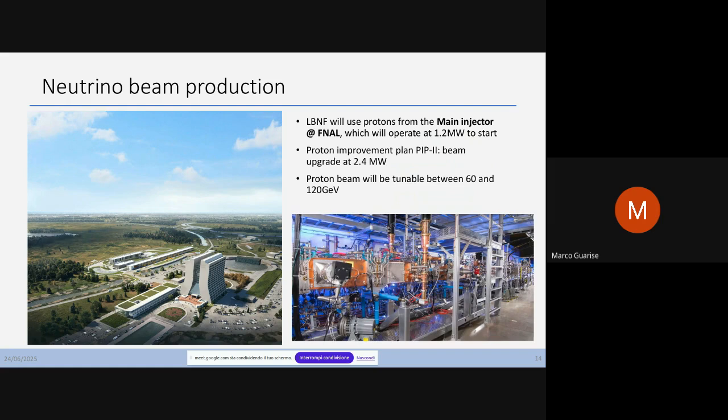And our proton beam will be tunable in the range from 60 to 120 GeV.